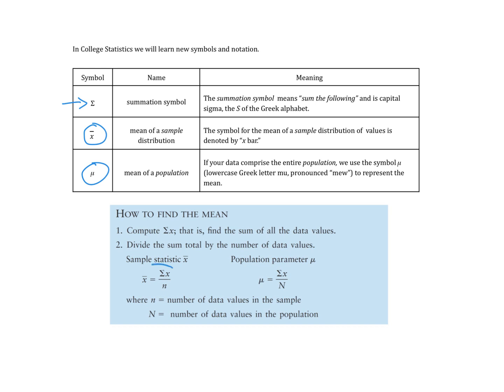So right here, X bar equals the summation of all the X values, that's the sum of all the data values, divided by little n, which is the number of data values in the sample. Or for populations, mu equals the sum of all the data values divided by big N, which is the number of data values in the population. We want to be familiar with those symbols and to use them moving forward.